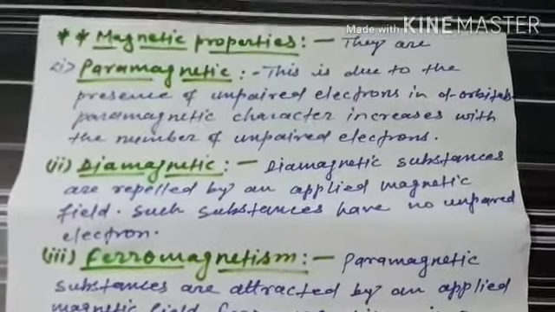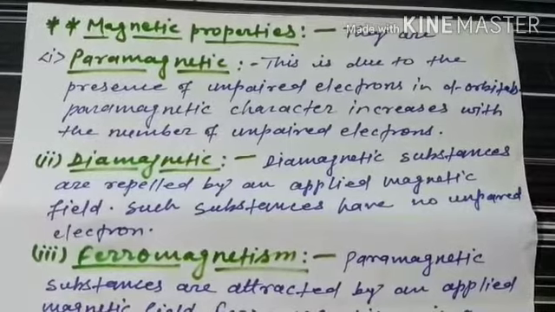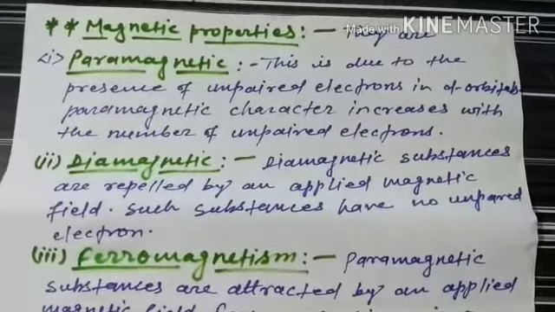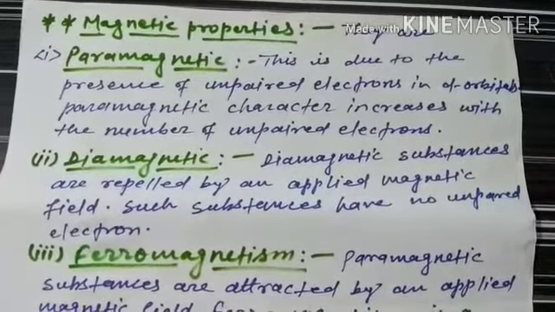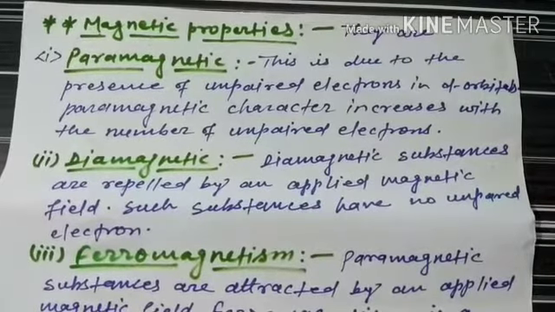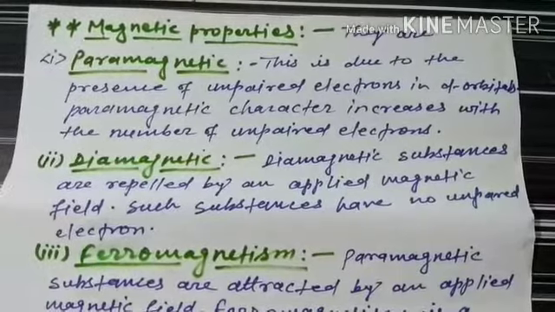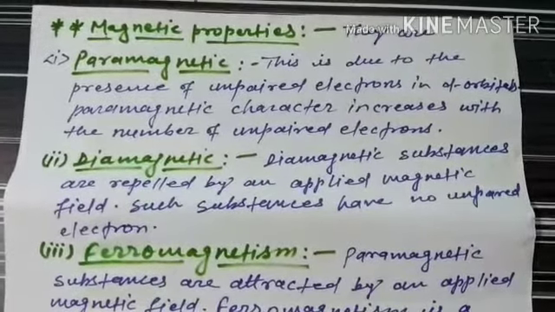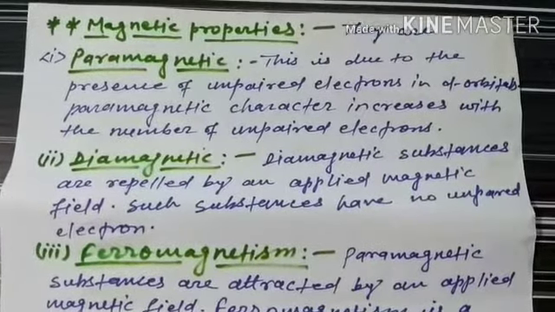When the number of unpaired electrons increases, the paramagnetic character of d orbitals also increases. So, paramagnetic properties of d block elements depend on the number of unpaired electrons.